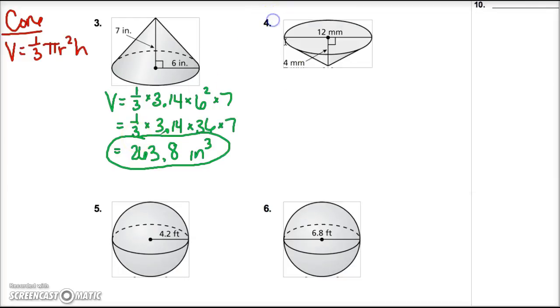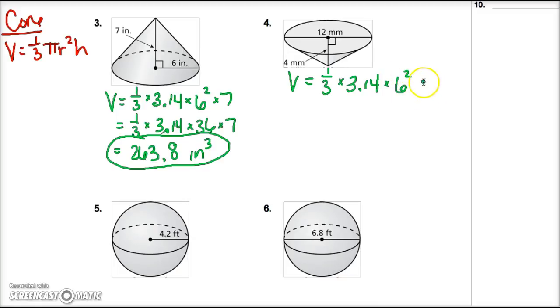All right, moving over to number 4. Same formula, same process. Volume equals 1/3 times pi, which is 3.14, times the radius squared. Here they give you the distance all the way across is 12, so halfway across would be 6.